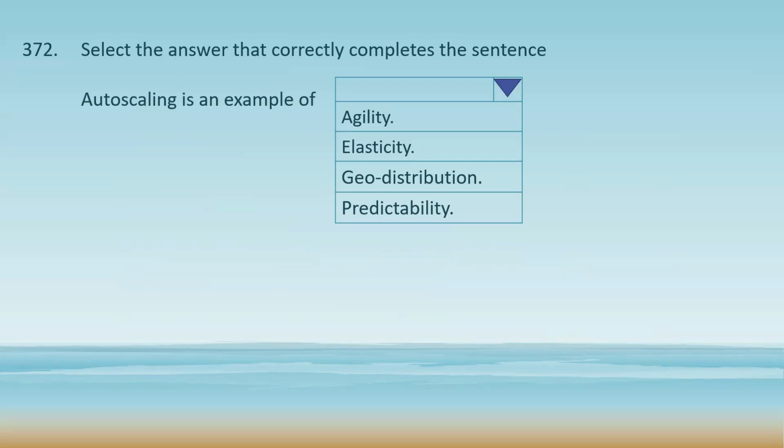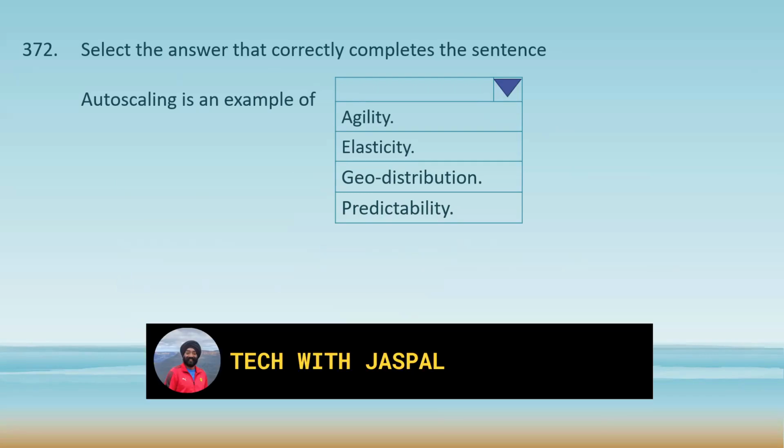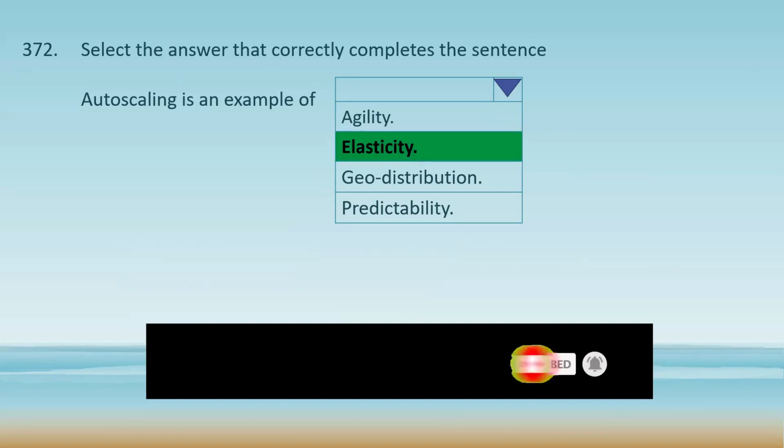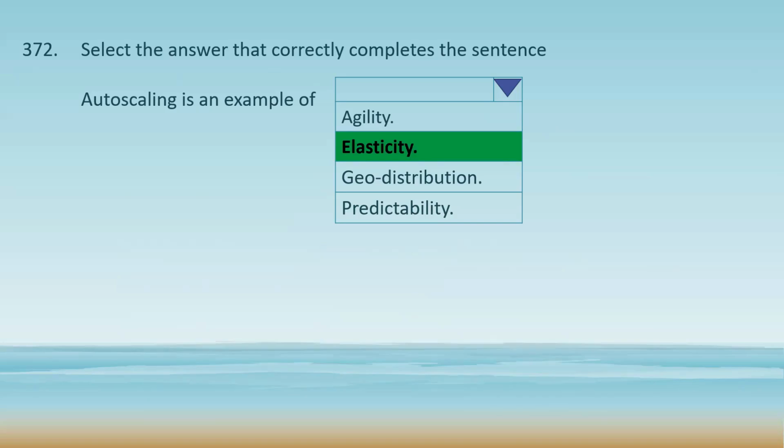Your options are agility, elasticity, geo-distribution, predictability. And friends, the correct answer which completes this sentence correctly is: auto-scaling is an example of elasticity. It refers to the ability of a system or infrastructure to automatically adjust its resources, such as computing power, storage, or network bandwidth, in response to changing demands.